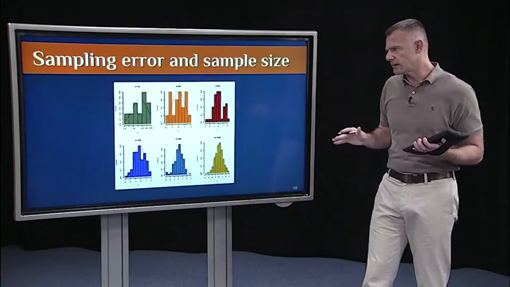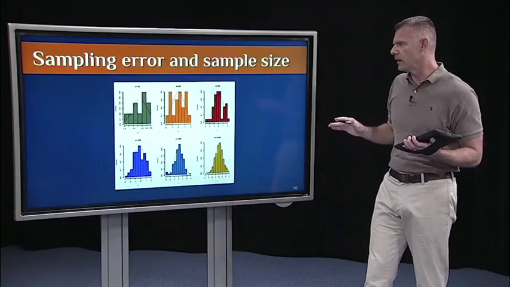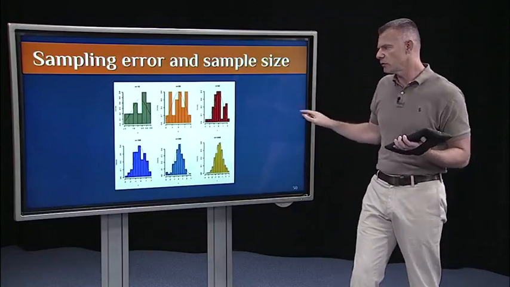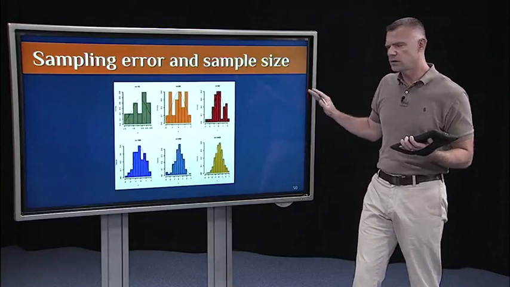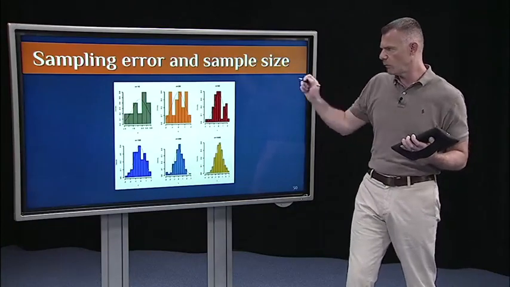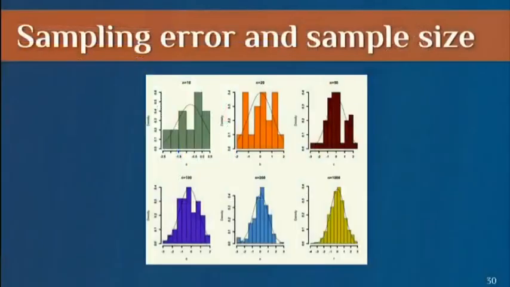Back when we talked about sampling and the idea of sampling error, we illustrated this by showing you what the distributions look like for 6 different samples of different sizes. So the first one on the upper left is sample size of 10, then 20, then 50, then 100, then 200, then 1,000.